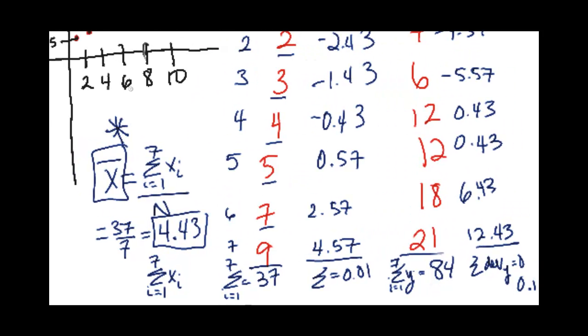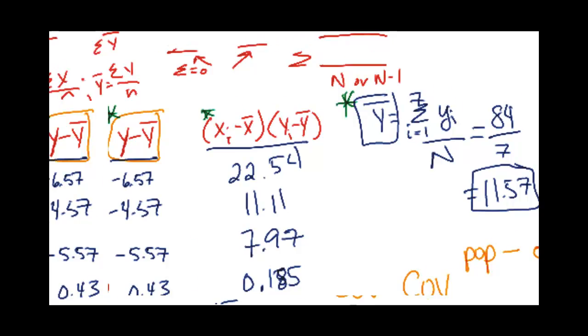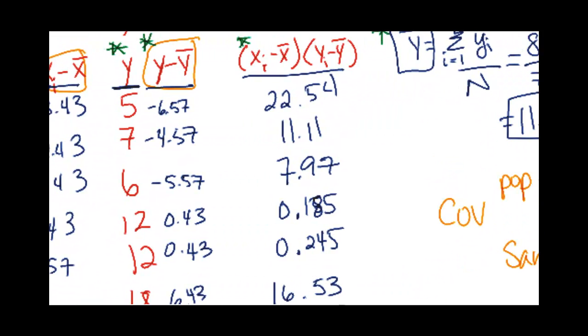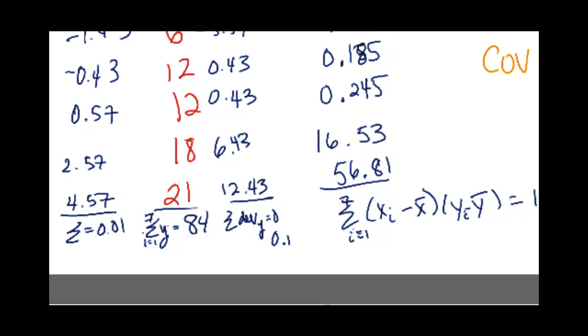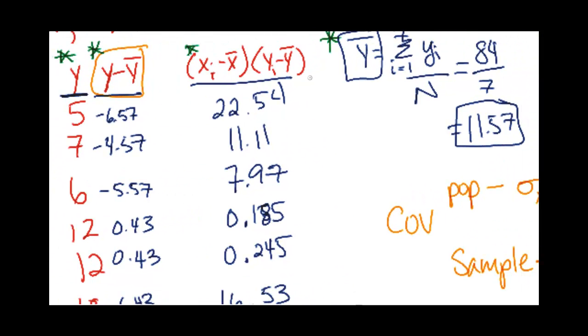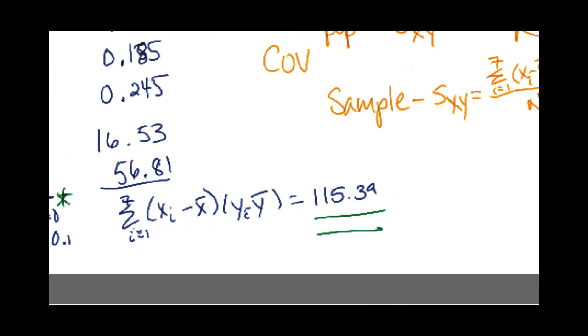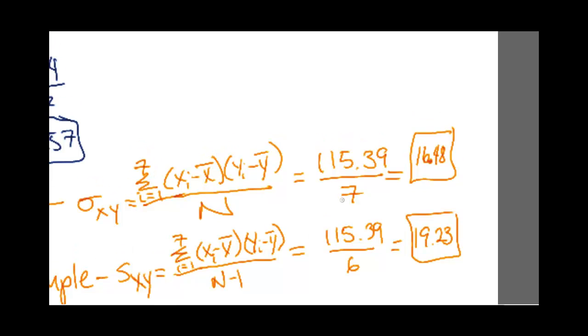There's the x mean, and we did the mean of the y's. After you find the means, you can find the two deviations and then add them up to get 0, hopefully, for both deviations, or pretty close to it. Then you do the product of the two deviations, and then you add all those up, and then you take that and either divide by n if it's the entire population, or n minus 1 if it's the sample.